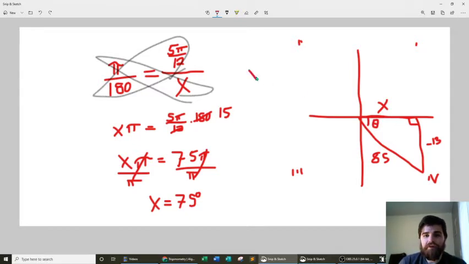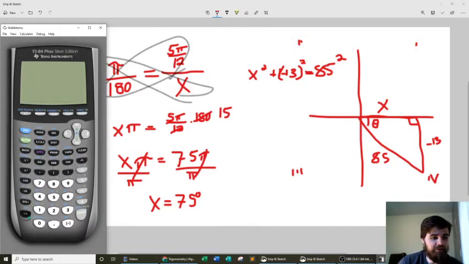So we're going to say, well, x squared plus negative 13 squared is equal to 85 squared. Doing my best to write with this mouse. Okay, so I'm going to pull out my calculator here. So I need to do 85 squared minus 13 squared.